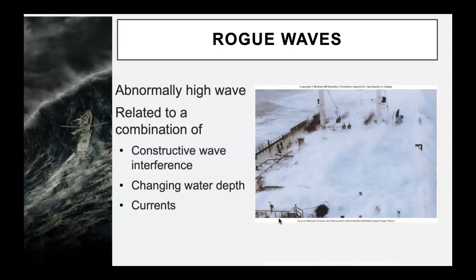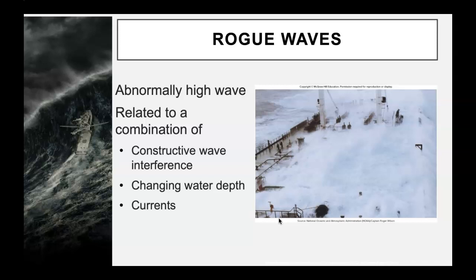These are abnormally high waves, and if you're out at sea in a ship, it can be really dangerous. They usually occur because of that phenomenon we looked at a couple slides ago, constructive wave interference, where two waves come together and add to each other, and they make a very big wave.